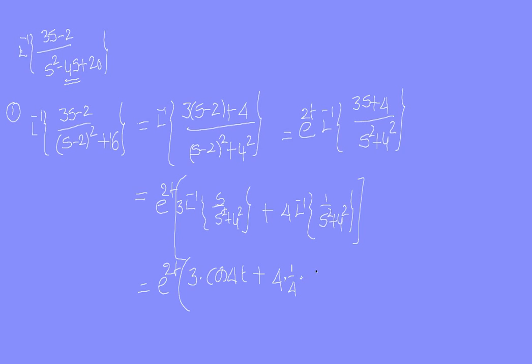That means cos 4t for the first, and 1 by 4 into sin 4t for the second. So the 4s get cancelled, and you are left with 3 e power 2t cos 4t plus e power 2t sin 4t. So this is the answer.